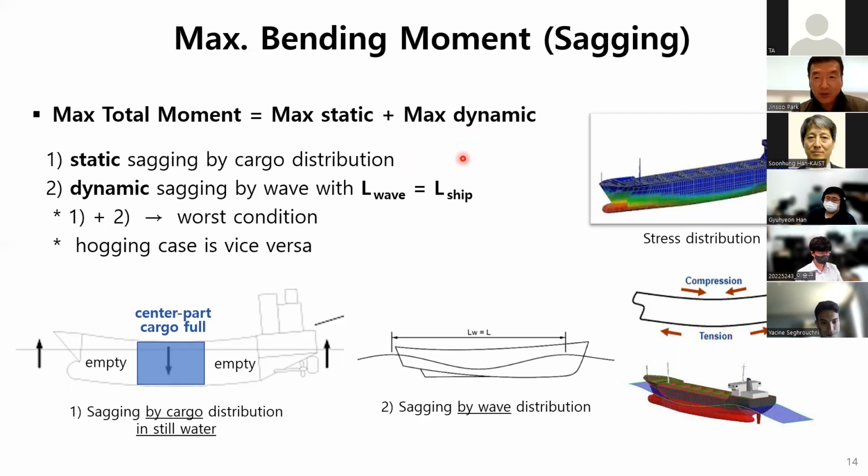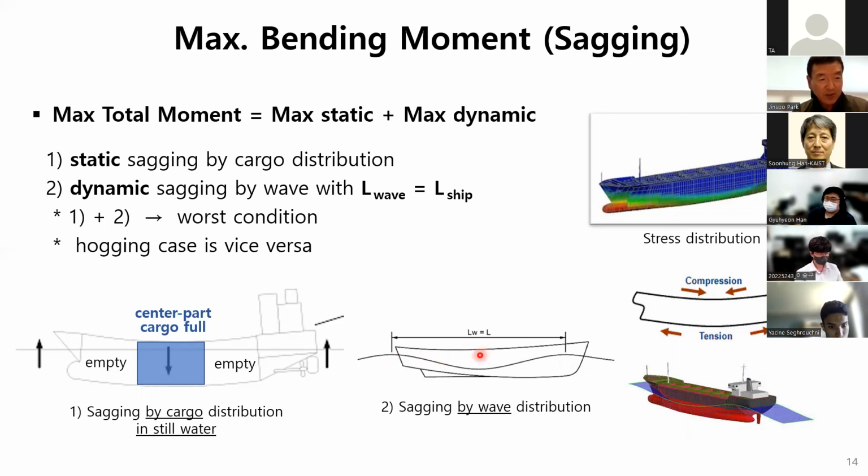In sagging condition, the center part goes down and both ends go up. Maximum static moment happens when the center cargo hold is full. The other cargo holds are empty, like this figure. The maximum dynamic moment happens when the ship encounters a wave whose length is about the same as the ship, as I mentioned before.